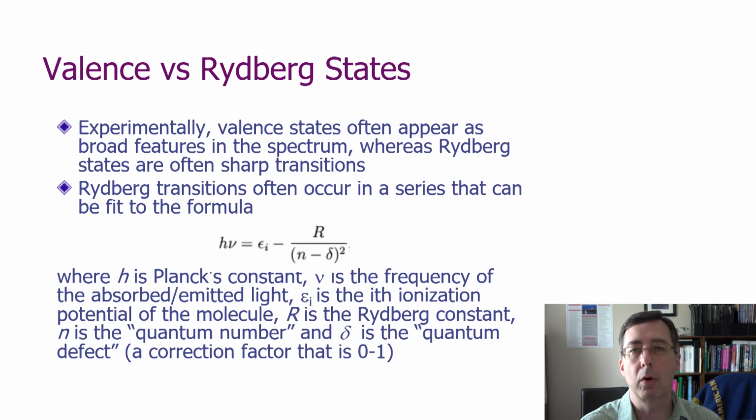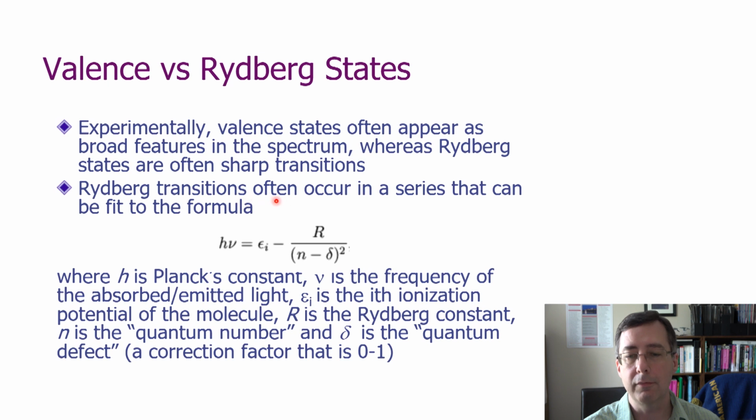And just a little bit more about valence states versus Rydberg states. Experimentally, valence states often appear as broad features in the spectrum, whereas Rydberg states can be a sharp transition without much width to that peak in the experimental spectrum.